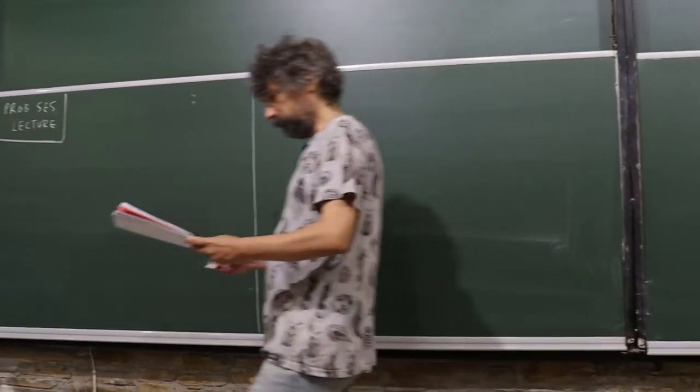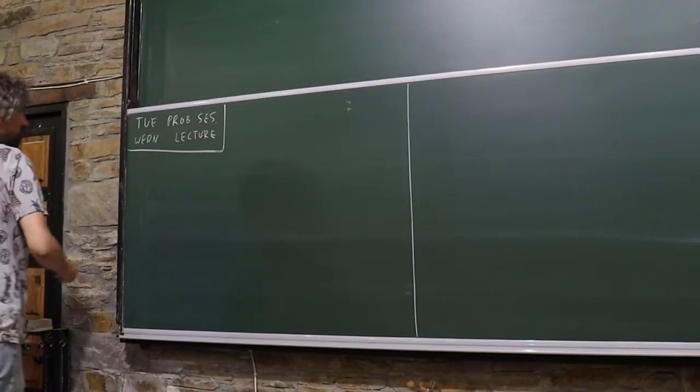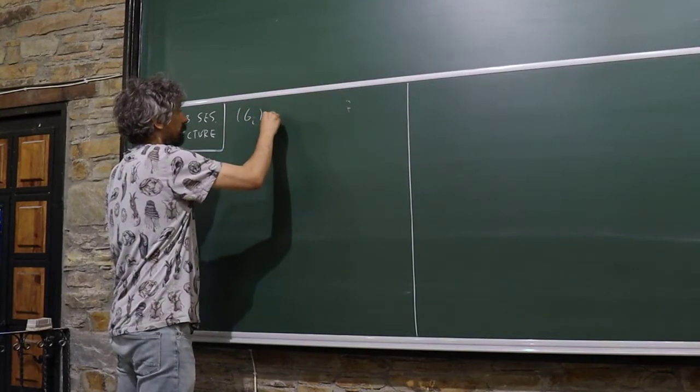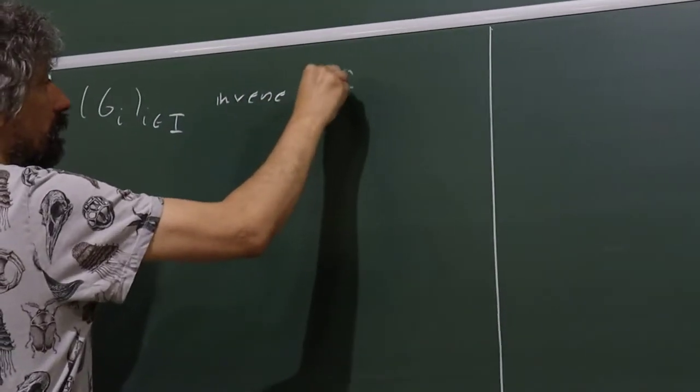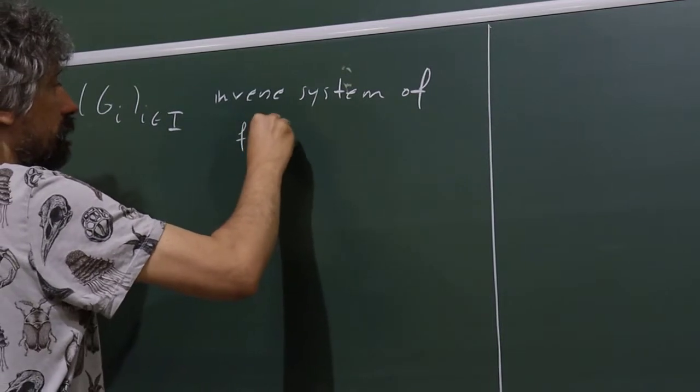So now we get to topology. I will briefly recall we have this inverse system G_i of finite groups.